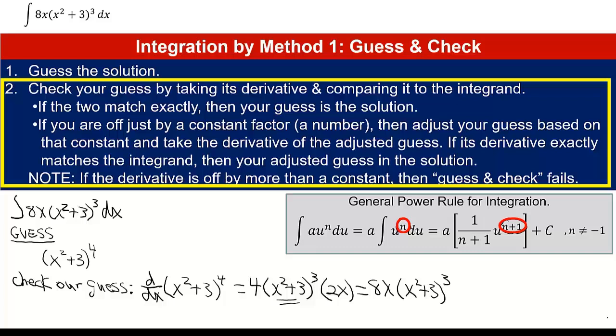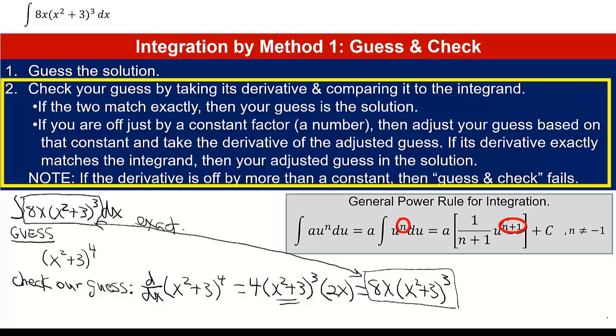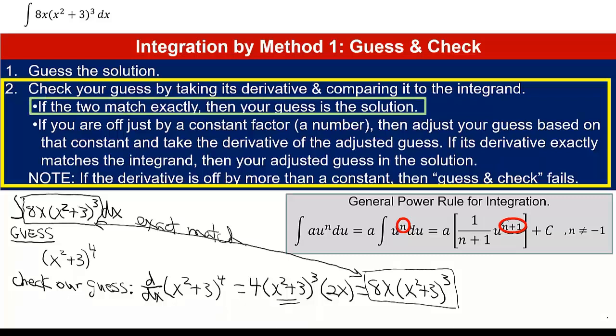Now we look to see if it matches exactly. So we take the derivative of our guess and compare it to the original integrand. And if you look at those two things, you can see that they are, in fact, an exact match. So in this case, we don't have to go for an adjusted guess because there was an exact match.